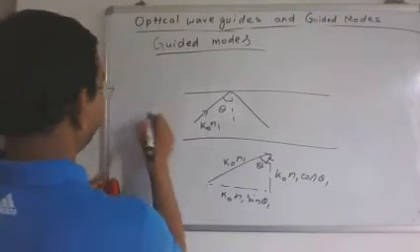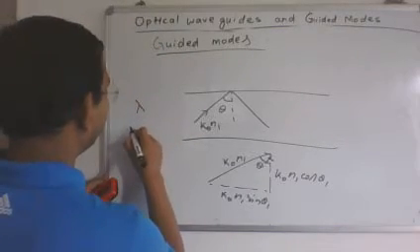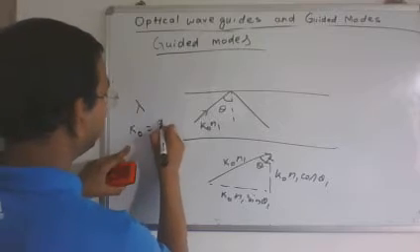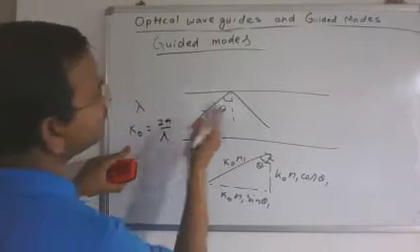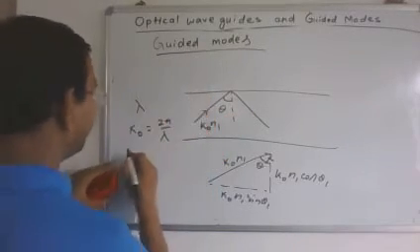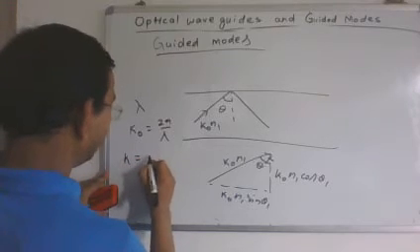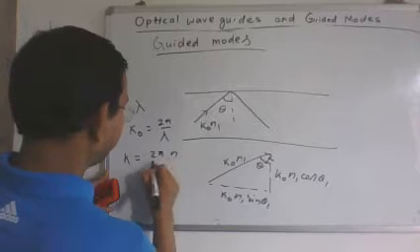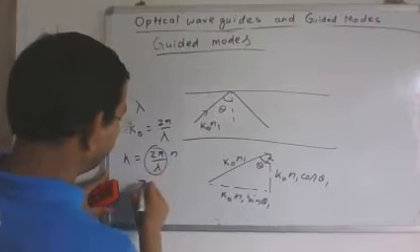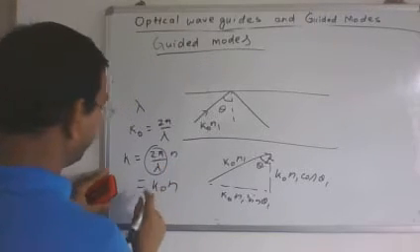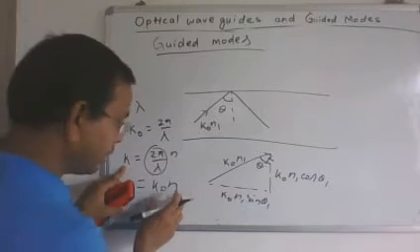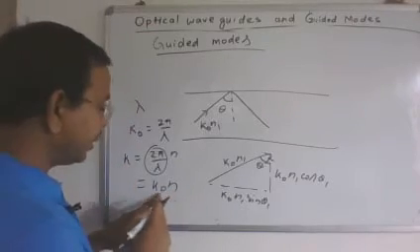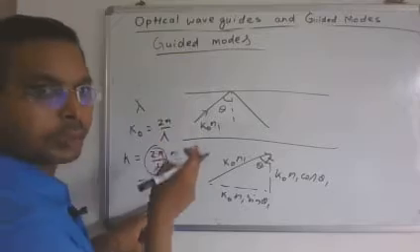Now suppose wavelength of light is lambda, then k naught will be 2 pi by lambda, and within this material k will be equal to 2 pi n by lambda. So this is nothing but k naught into n. So k inside the medium is nothing but k naught into n, where k naught is the propagation constant in free space.